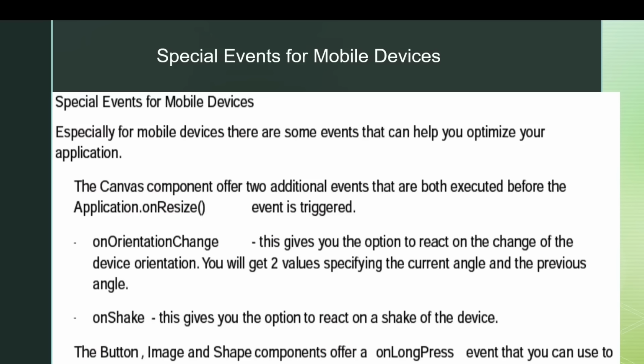First of all, let's look at the on orientation change trigger. This gives you the option to react to a change of the device rotation. You will get two values: the current angle and the previous angle.